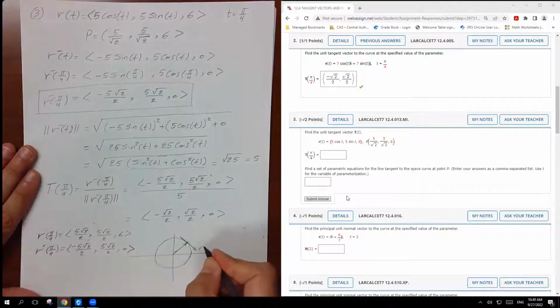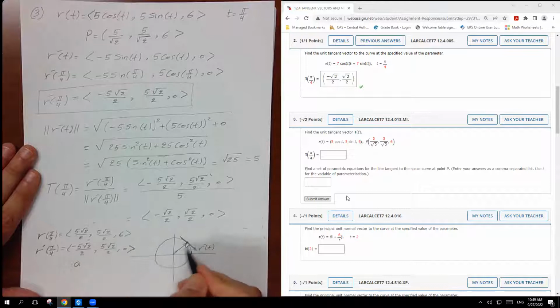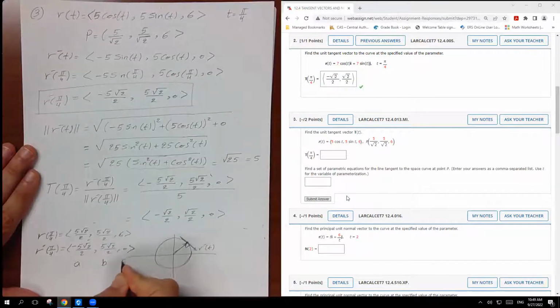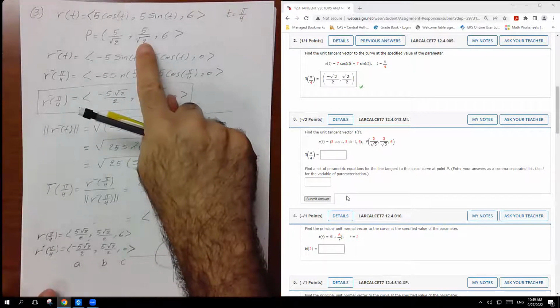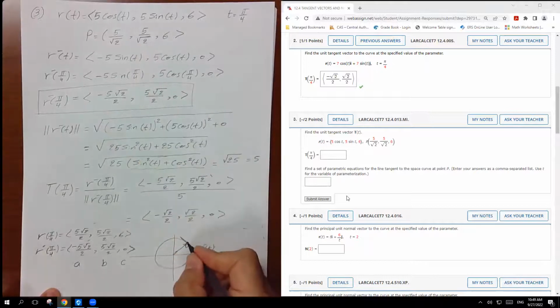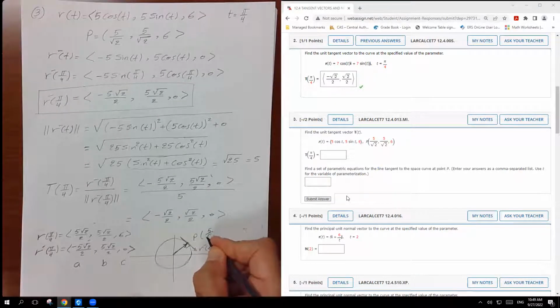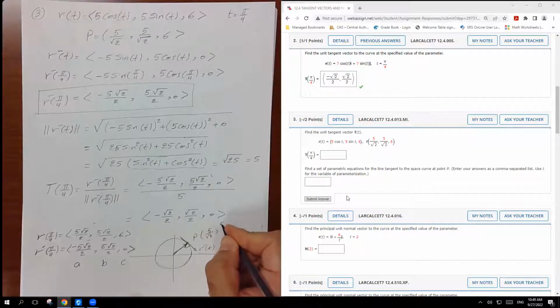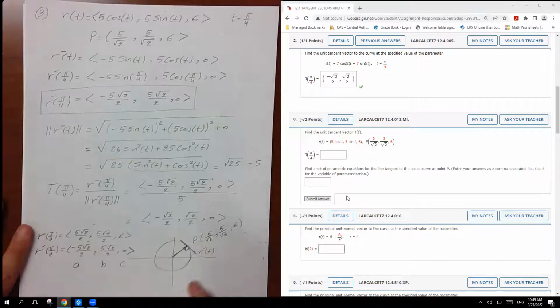This one is r prime of t, where the angle here is 90. That means this one is going to be normal, which is perpendicular to the position vector. So this one is going to be A, B, and C. That means you're going to use the point, which is the terminal point of this position vector. This is P, the point 5 square root of 2 over 2, 5 square root of 2 over 2, and 6.